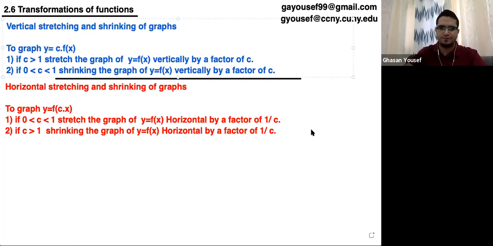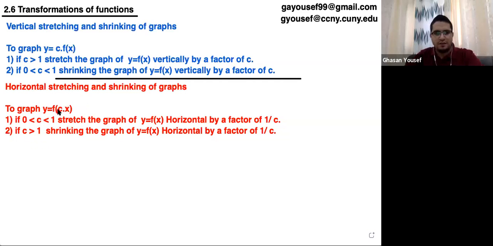For the horizontal shrinking and stretching, if we need to graph the function y equals f of c times x, the c is inside the parentheses, as we see. Here the number c is inside the parentheses, multiplying a variable x.